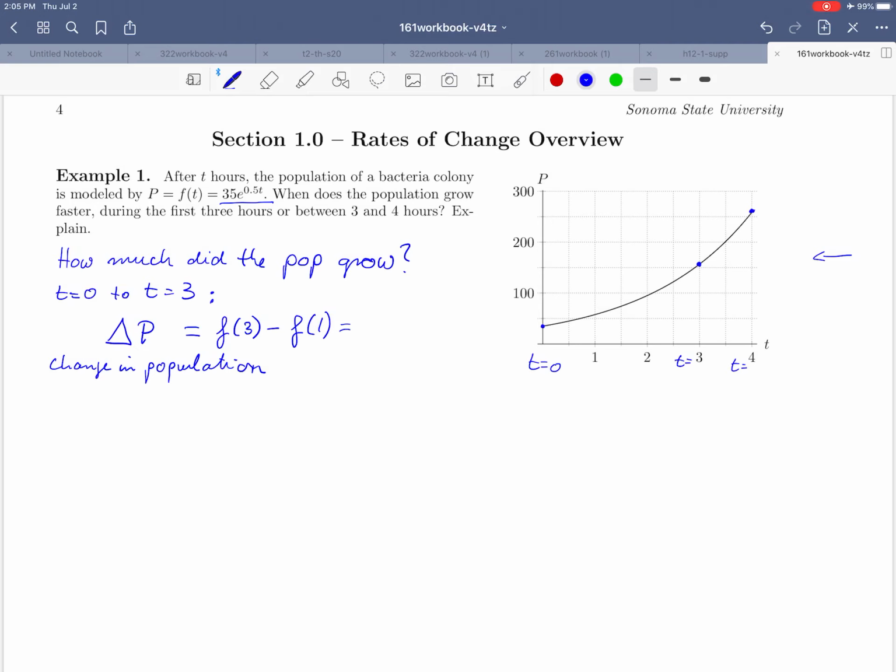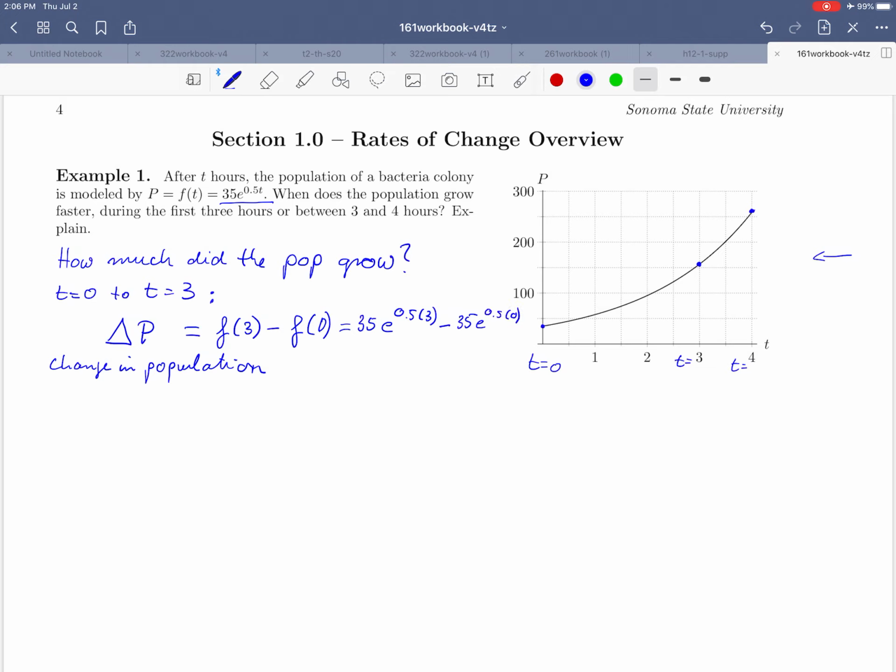So f of 3 is 35 times e to the 0.5 times 3. We are substituting 3 in for t in our formula. And then we are subtracting f of 0. I said 1, but really we want f of 0. So we are subtracting 35 times e to the 0.5 times 0.